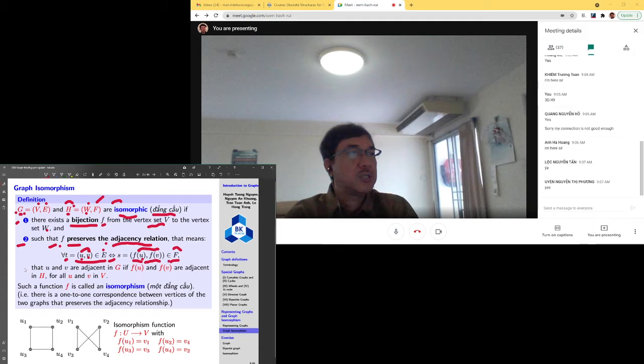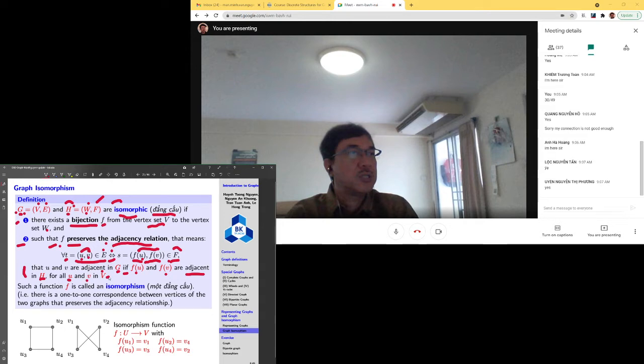Okay, so we can interpret that in this sentence. U and V are adjacent, that means connected together in capital G, if and only if the images are also adjacent in the second graph. That would be true for any choice of u and v in capital V.